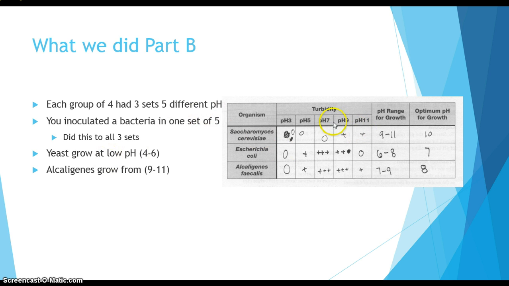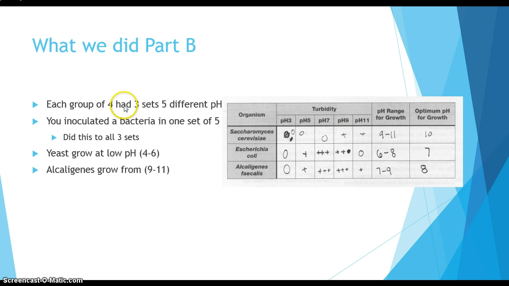And you took one of these tubes of pH 3 and put one bacteria in them. So E. coli, for example. Then you took the pH 5 and put E. coli in it. Then same thing to 7, 9, 11. And then you did Saccharomyces cerevisiae, which is yeast. So you put a sample of that into 3, sample that into 5, sample that into 7.